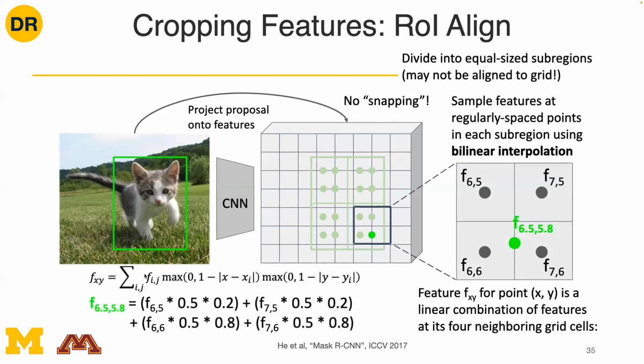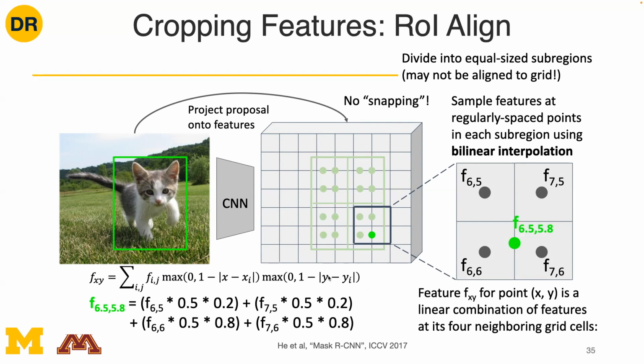And then we're going to sum over the four neighboring feature map cells. For each one of those, we're going to consider the feature vector which exists at that cell, for example f65, and accumulate f65 according to how close it is to this output coordinate (x,y).